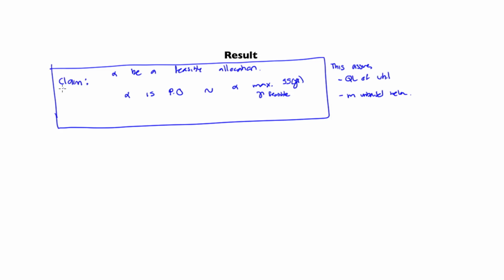Now, how do we establish this result? How do we know that this is true? Well, we know that alpha Pareto optimal is equivalent to alpha maximizing over feasible gamma the sum of the utilities. We just proved that.